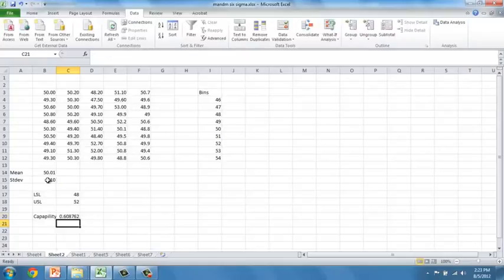This number tells us the capability of the process. Notice that we can increase process capability either by making the specifications more forgiving, so it's a higher capability if we assume the specifications were 47 to 53, or by reducing the standard deviation. Both of these will reduce the likelihood of a defect.